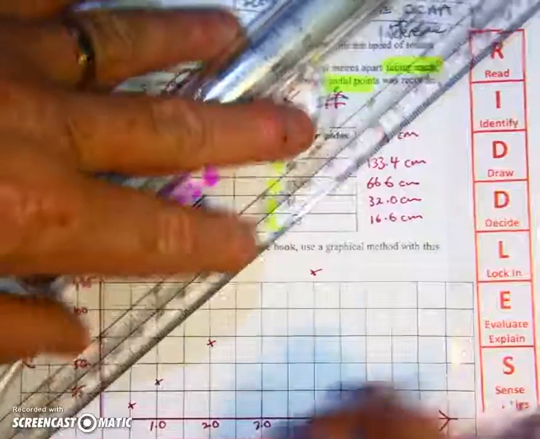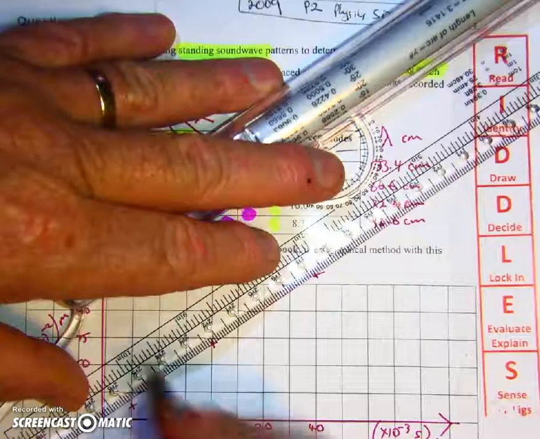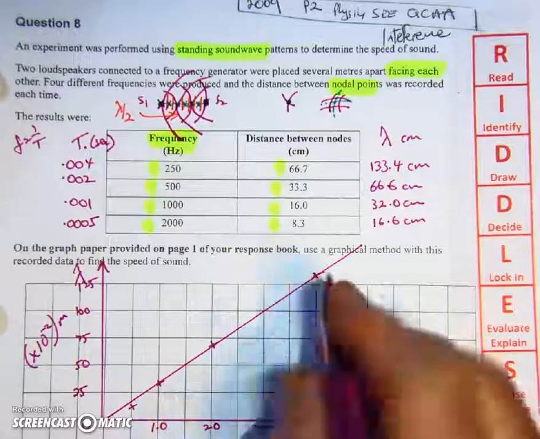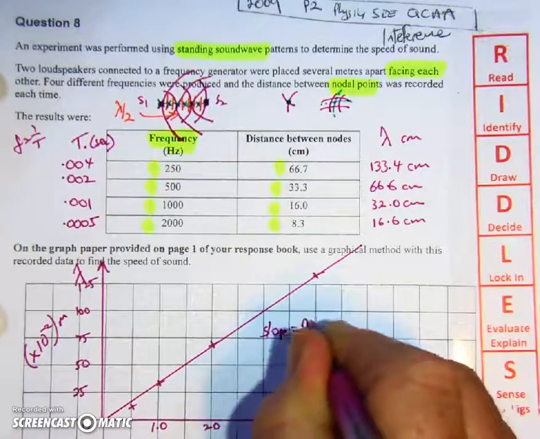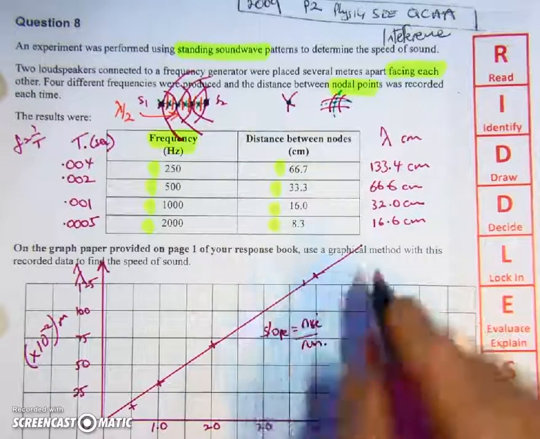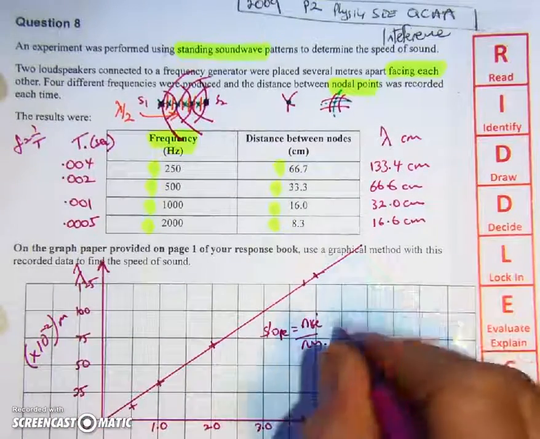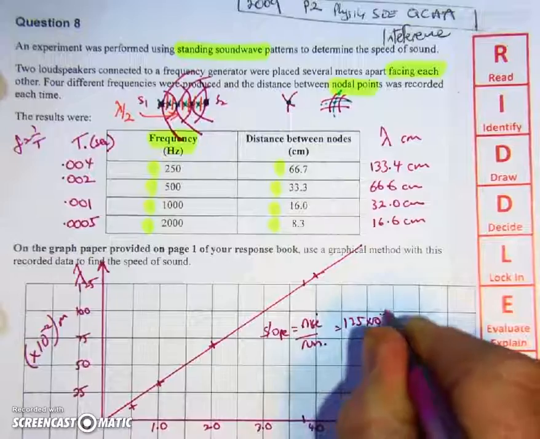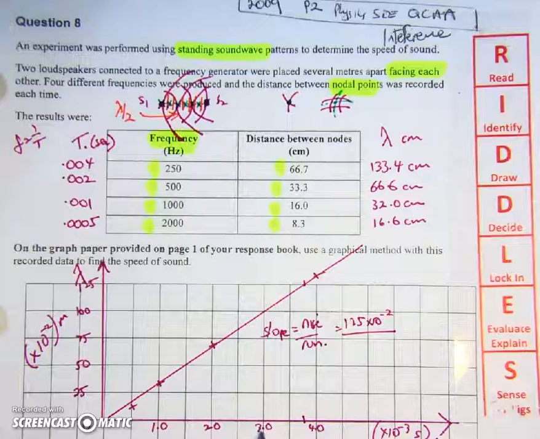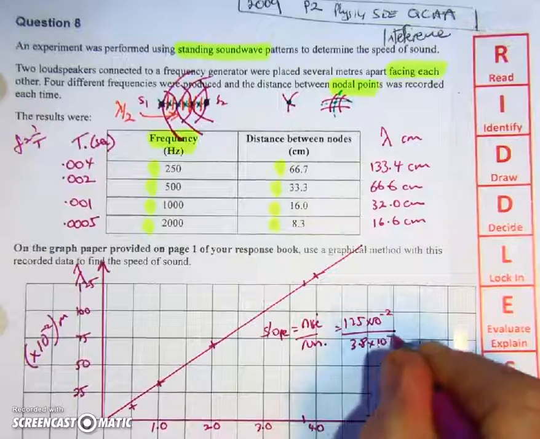So there's my line. I draw my line of best fit, which should come through the origin if I've done it right, and I need to work out the slope, which is the rise over the run. The rise goes up 125 by 10 to the negative 2, and I divide that by the run, which I'd make 3.8 by 10 to the negative 3.